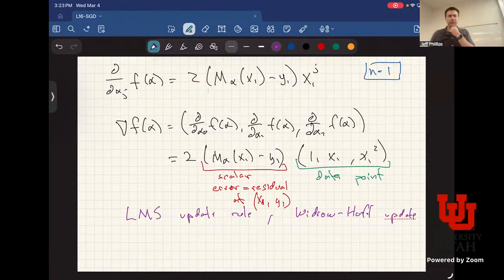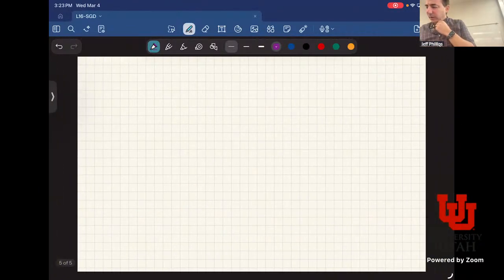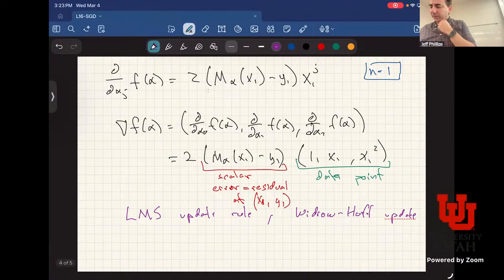Okay, so this was for one data point. So I'm going to call this actually F1, right? This is F1 corresponding to one data point here, where I only have one data point.